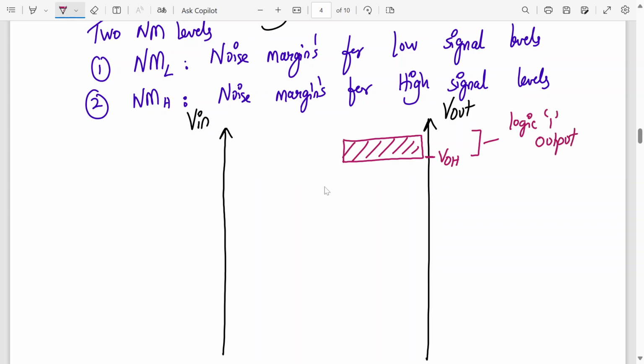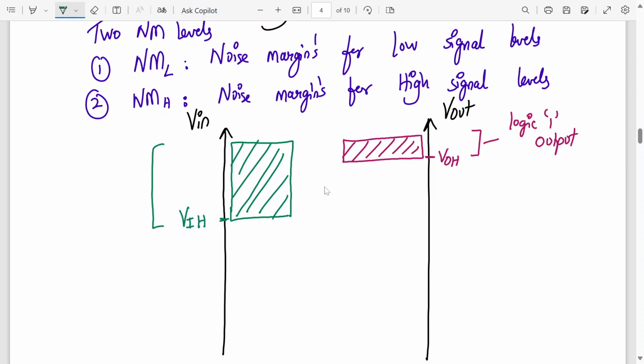And this range on the input side, we call VIH, and this range is called logic 1 input, correct?